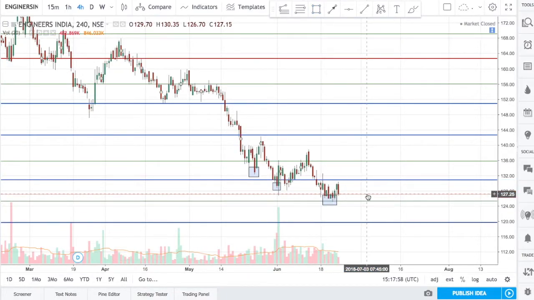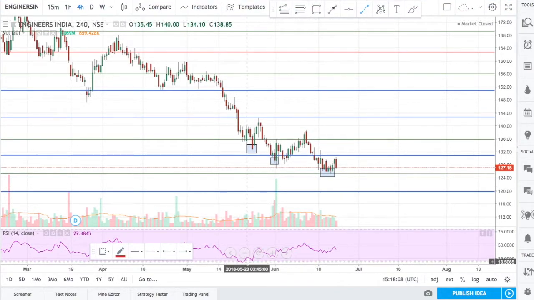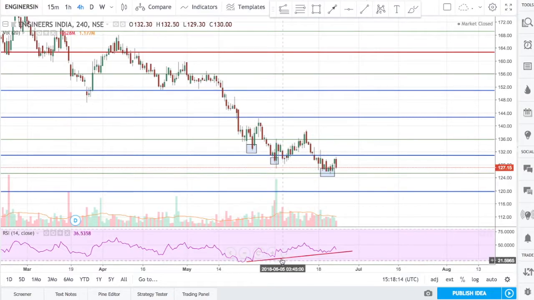On all these lower lows, we can spot clear RSI divergence on the 4-hour chart. This is our RSI. This point corresponds to this, and this point corresponds to this. On all these lower lows, we can clearly see the RSI is diverging on the 4-hour chart.